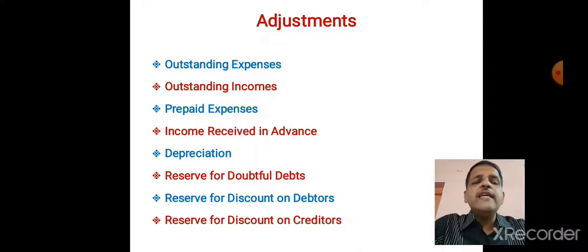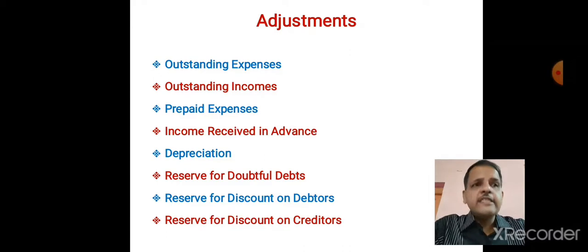Now when we calculate reserve for discount on debtors, we have to see whether discount is given, and whether old reserve is given in the trial balance. Now if it is given, then if new reserve plus discount is more than old reserve, in that case we have to show on the debit side of the profit and loss account as new reserve plus discount minus old reserve.